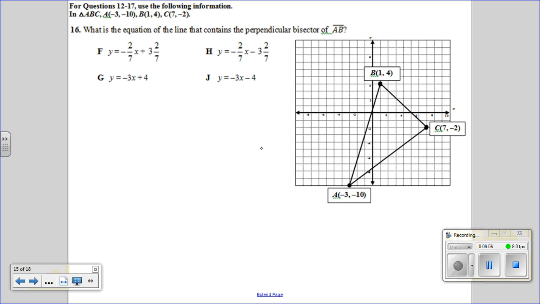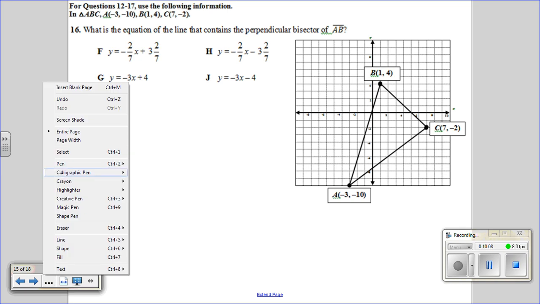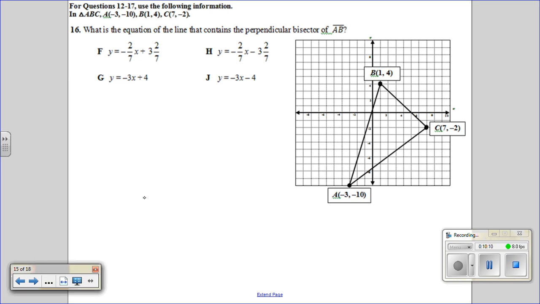What is the equation of a line that contains the perpendicular bisector of AB? So first thing you would have to do is know the slope of AB. Let's say this is x1, y1, x2, y2.